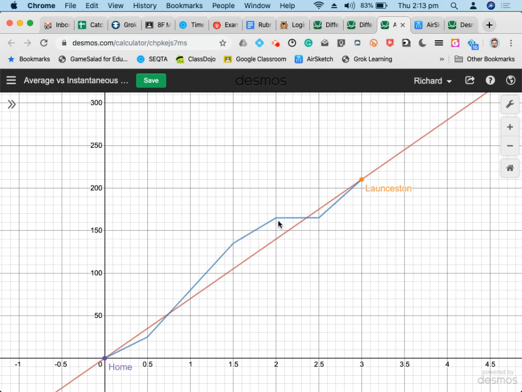Anyone want to work out what this point here is? Yay, Campbelltown. Stop for a hot chocolate for half an hour. You can see it's from 2 to 2.5, where my speed was 0. I stopped for half an hour for a rest and to have a wee, and then I got back in the car, and then I travelled to Launceston again.